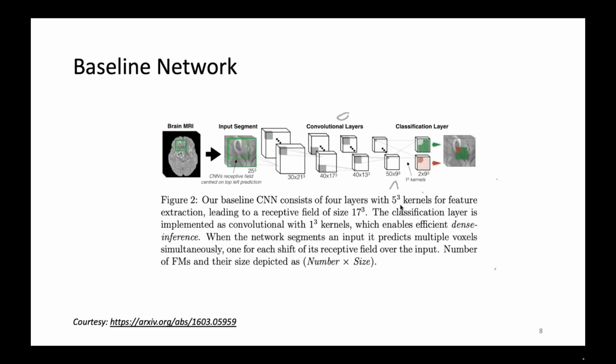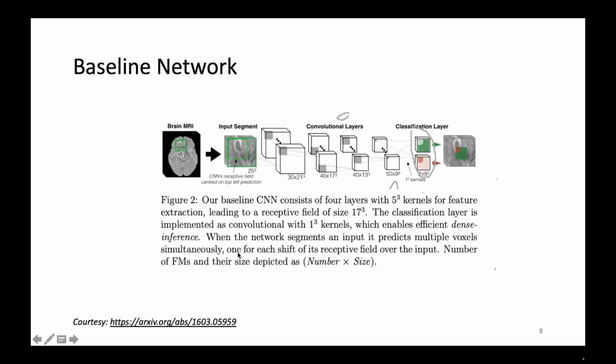The classification layer is implemented as a convolution with a 1 by 1 by 1 kernel. This enables efficient dense inference when the network segments an input. It predicts multiple voxels simultaneously.